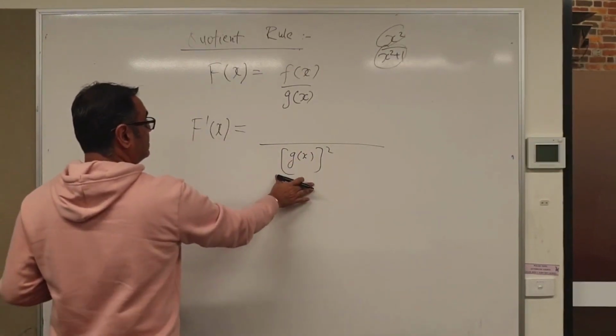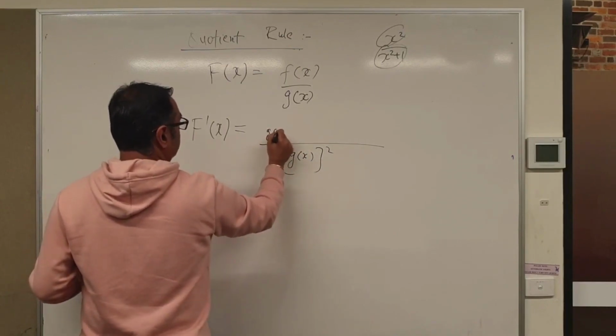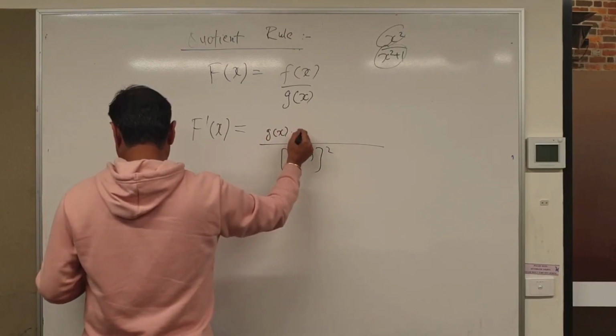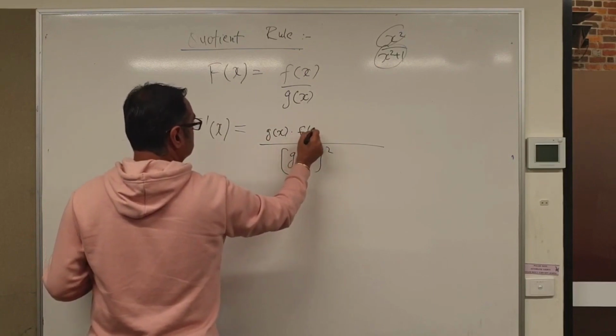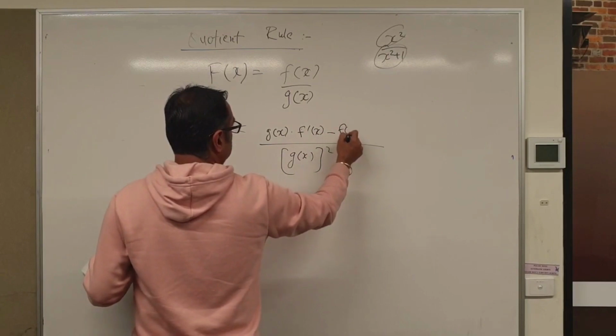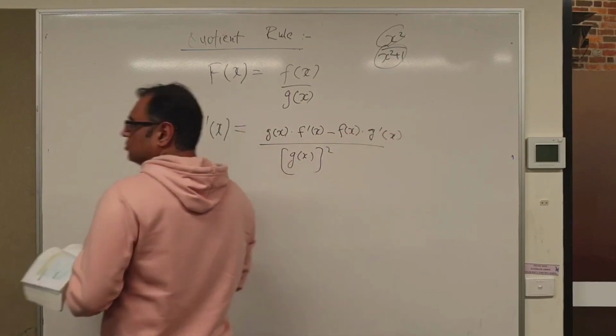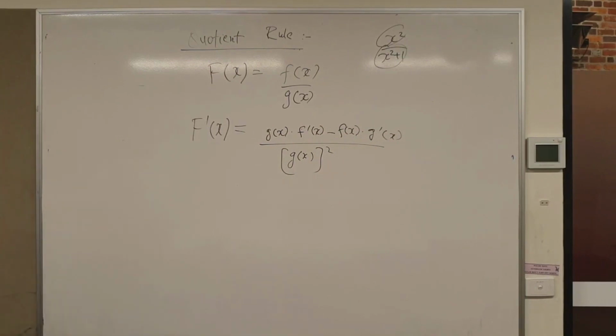So that will be always here. And on top you have the bottom function times the differential of the top function minus the top function times the differential of the bottom function. That's about it, pretty much.